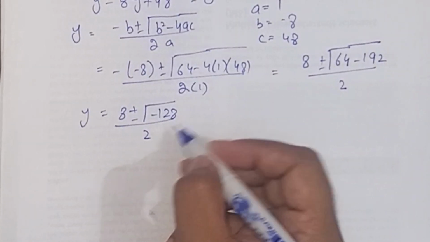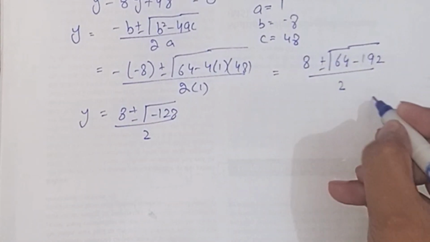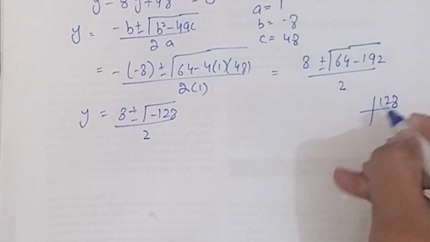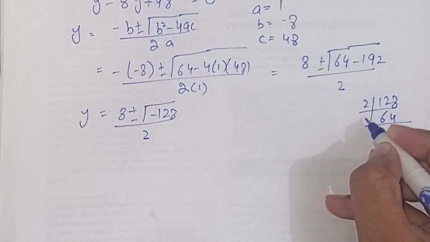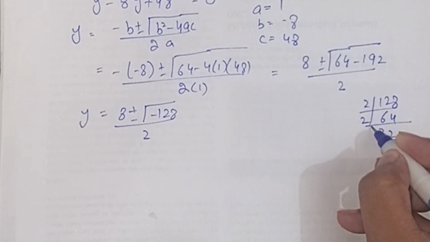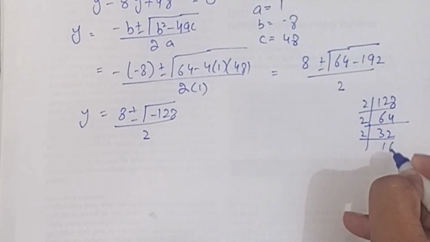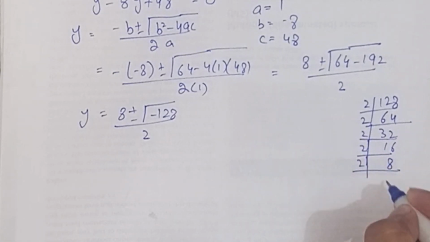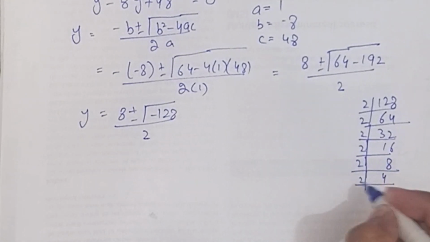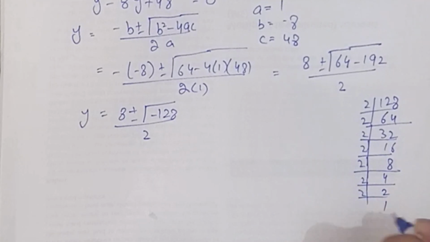Now in the next step, we find the factors of 128. So 2 sixes are 12, and 2 fours are 8. 2 32s are 64. 2 16s are 32, and 2 8s are 16. 2 fours are 8, 2 twos are 4, and 2 ones are 2.